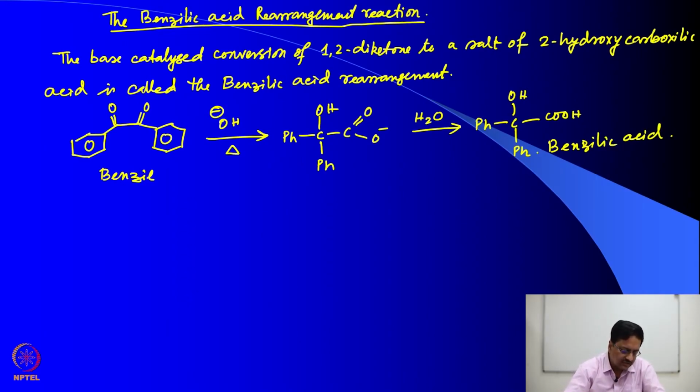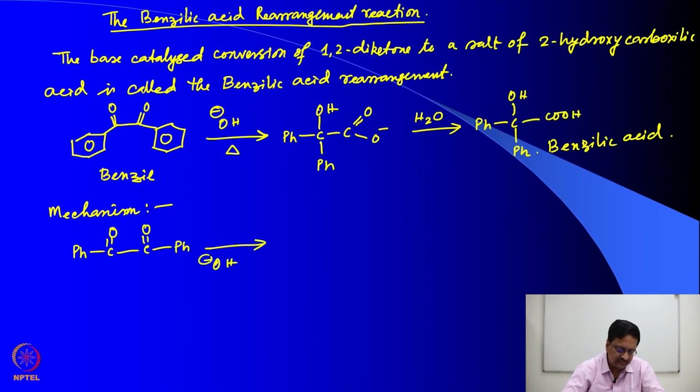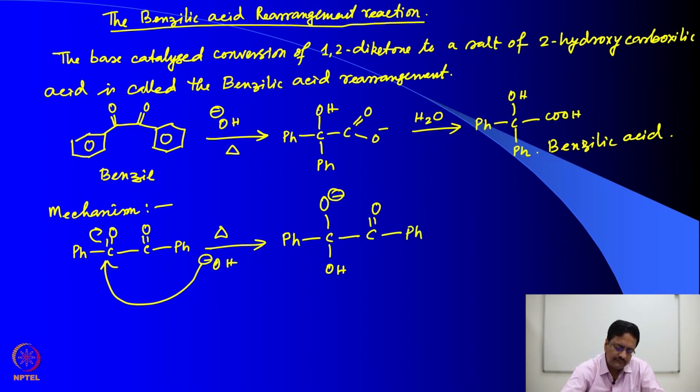So, let us see what the mechanism of this reaction is. We start with benzyl and treat this with OH minus, a strong base, under heating conditions. The reaction involves the formation of the anion with the base attacking the carbonyl carbon, and the other ketone remains as it is.